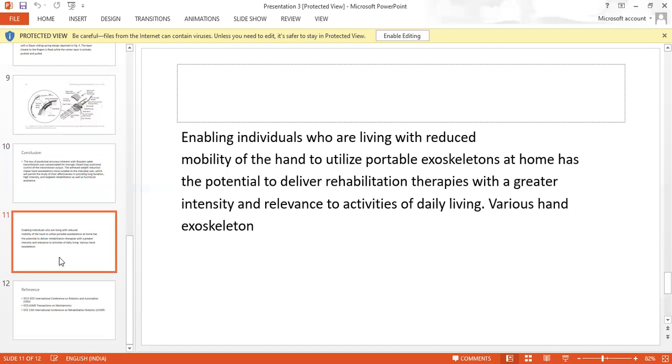Enabling individuals who are living with reduced mobility of the hand to utilize portable exoskeletons at home has the potential to deliver rehabilitation therapies with a greater intensity and relevance to activities of daily living. That's how these exoskeletons and robotics impact society and work for mankind.